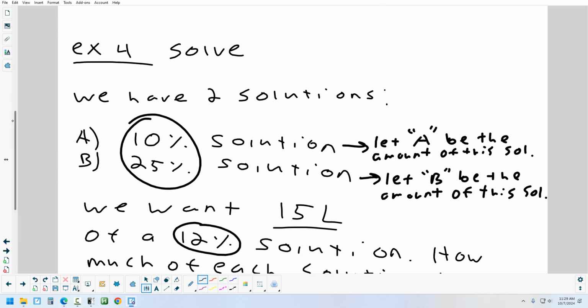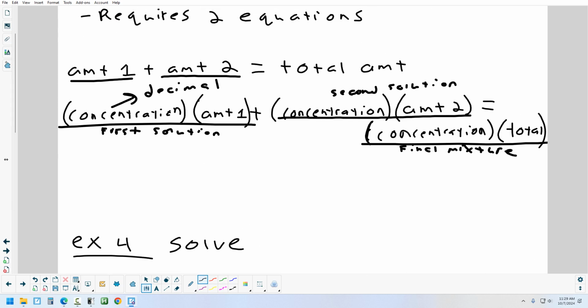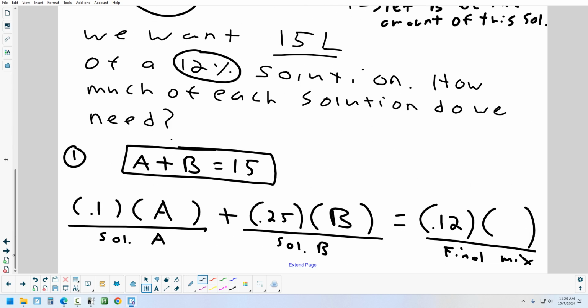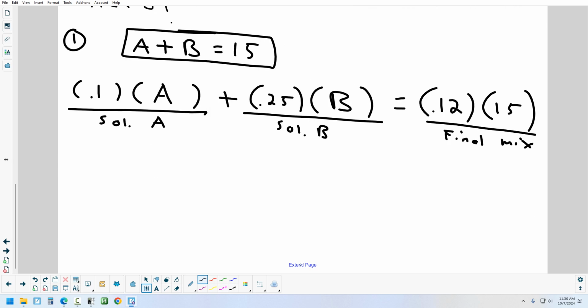So that's the final concentration times the total amount of liquid in the final mixture. What's the total amount of liquid? Yeah, 15. Okay, so we can simplify that a little bit. We're going to want to multiply the two numbers under the final mixture together. But that's all we can really do.